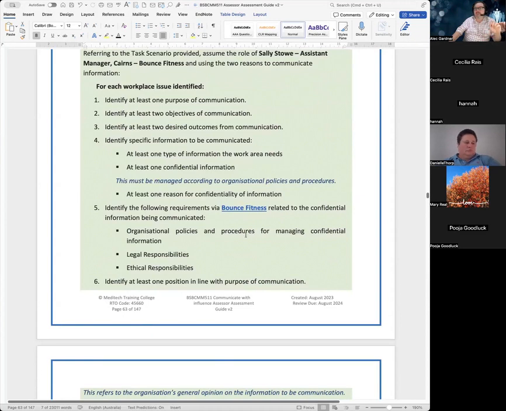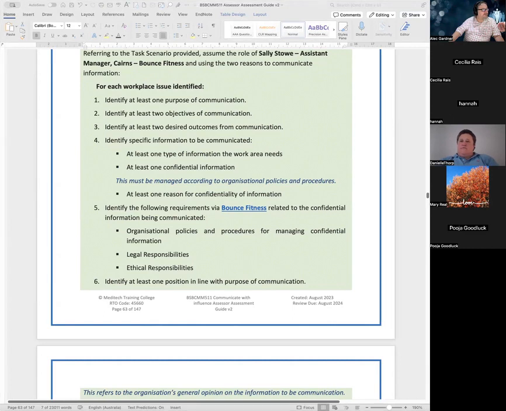Then, just with the purpose and the objectives of communication, because they get a bit confusing because the purpose and the objective are very similar. I guess what I'm trying to clarify is the purpose.